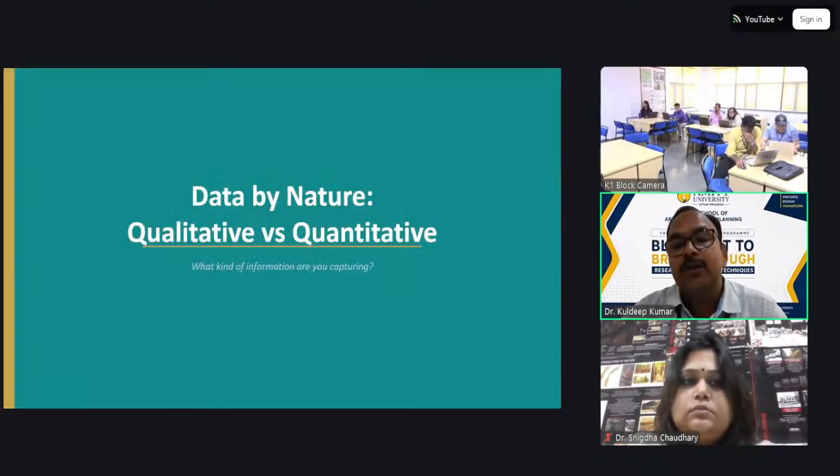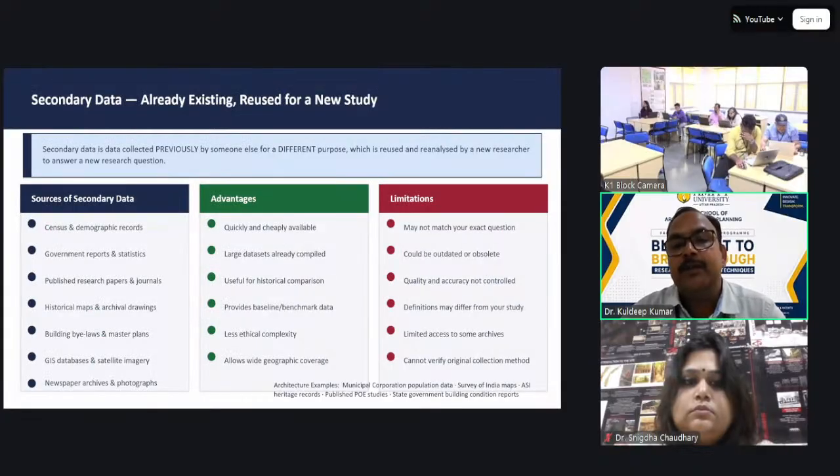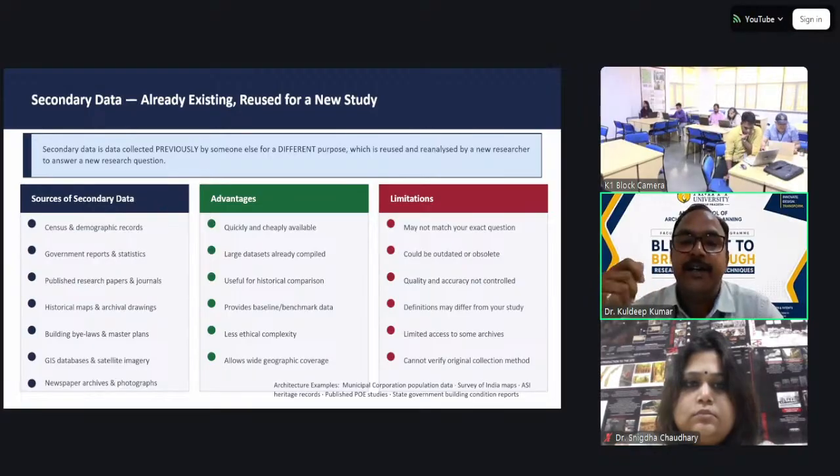So the best research often uses both primary and secondary data together, because secondary data establishes the context and the baseline, and primary data provides the precise, problem-specific evidence.